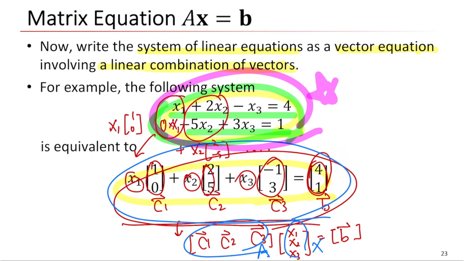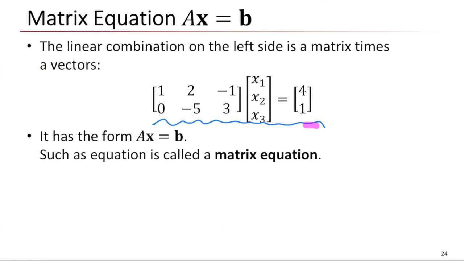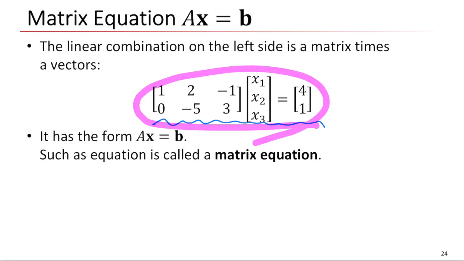But there are so many popular methods that solve the system defined in Ax equals b form. So what we want to do is to convert this linear equation into Ax equals b form, right? So it means that we can represent any kind of linear system in this form. If we define this as a matrix A, this as a matrix b, it will be Ax equals b.